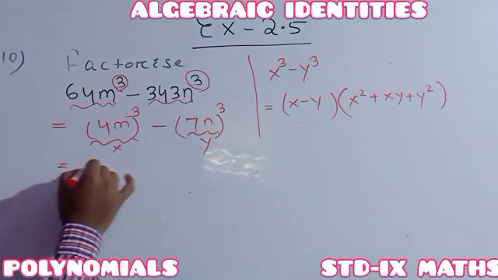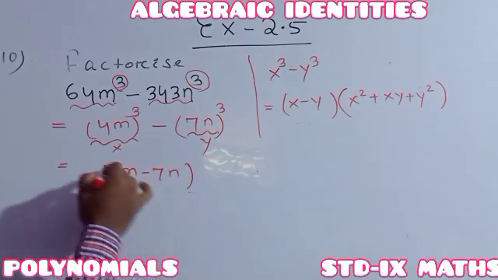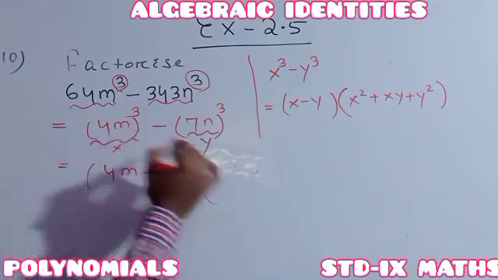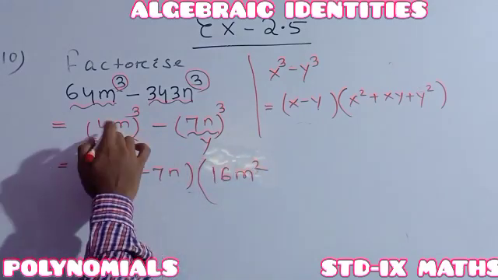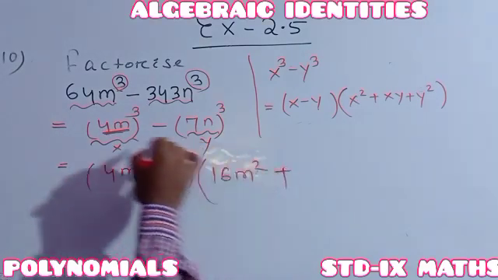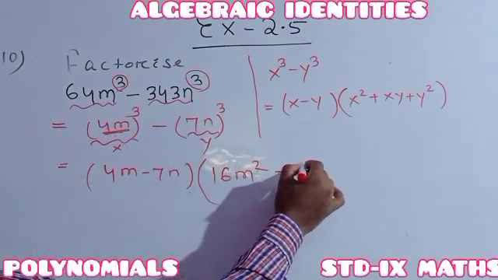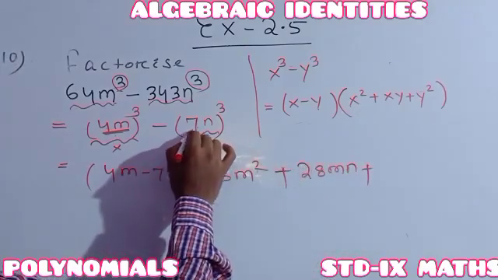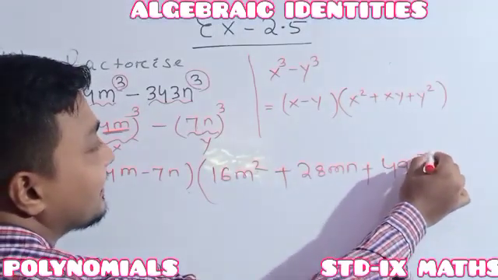So by the formula it is 4m minus 7n. First factor ready. Second factor: x square means 4 4s are 16m square, first term square, it means 4m its square. Then after that xy, it means x into y: 4 7s are 28, mn, plus y square means 7n square, 7 square equal to 49n square.